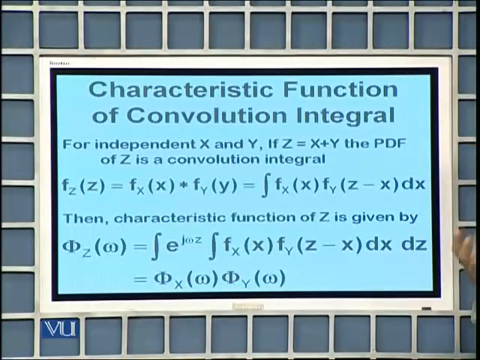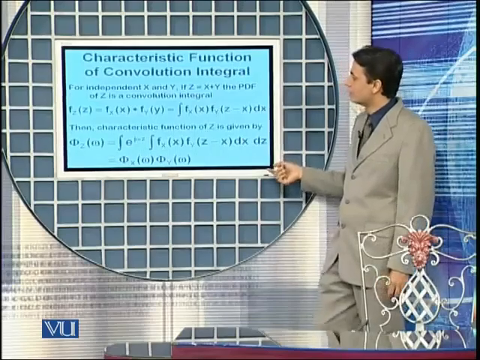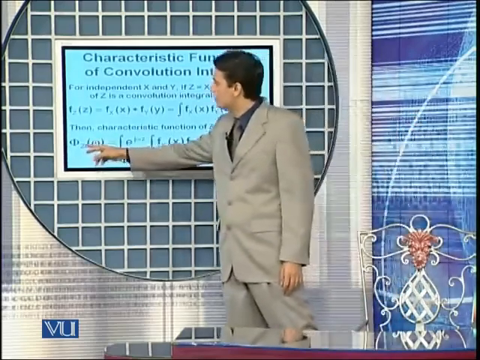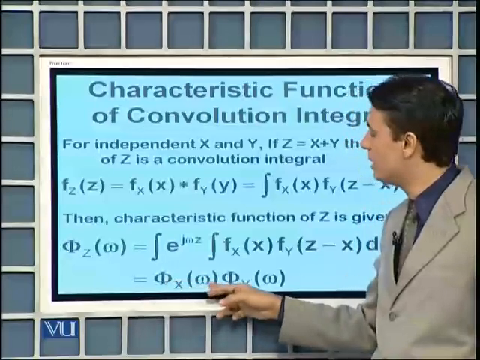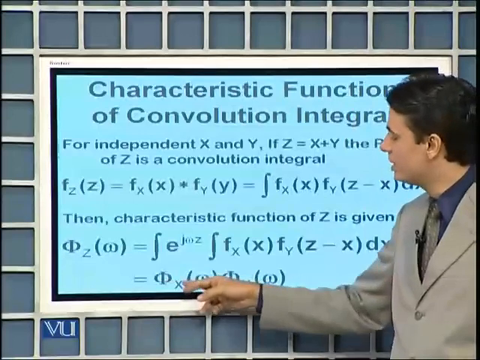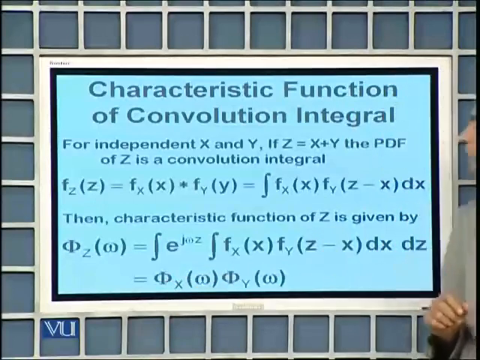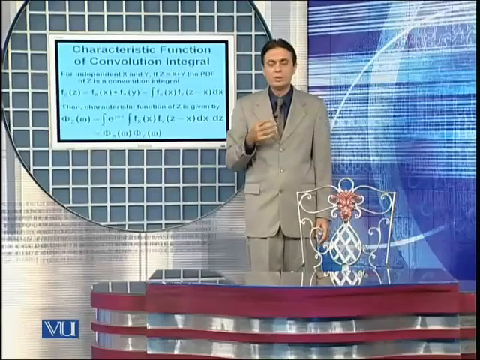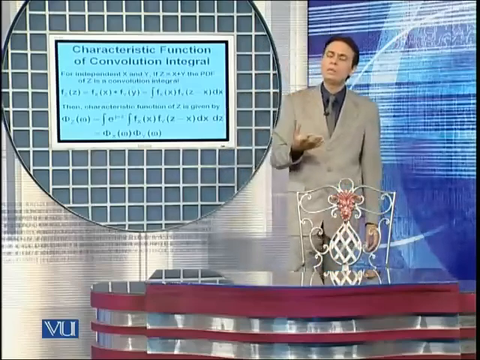So if you have the sum of two independent random variables as a new random variable, then the characteristic function of the sum is equal to the multiplication of the characteristic functions of the two independent random variables used to define the new random variable.